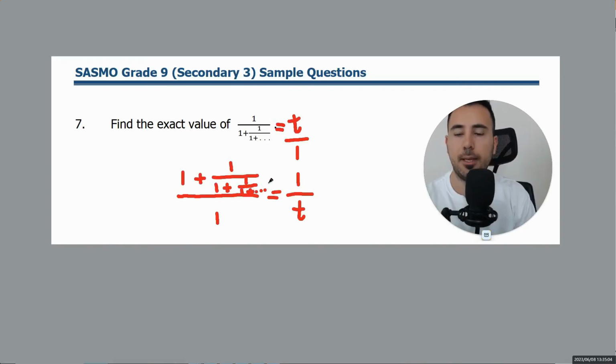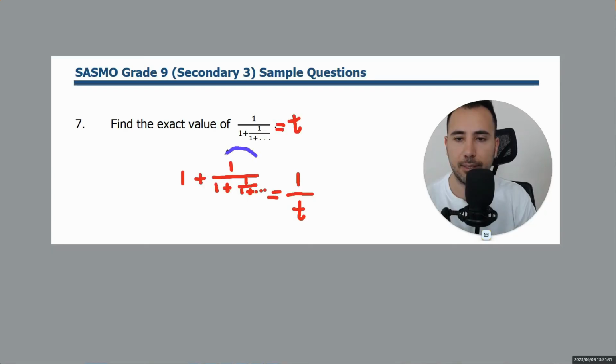So now guess what? You see, now let's go back to what we said. We called this one 1 over 1 plus t. So that means all of this is t again. And remember, because here we have 1, any number divided by that is going to be the same thing. So let's clear this. We don't need it.